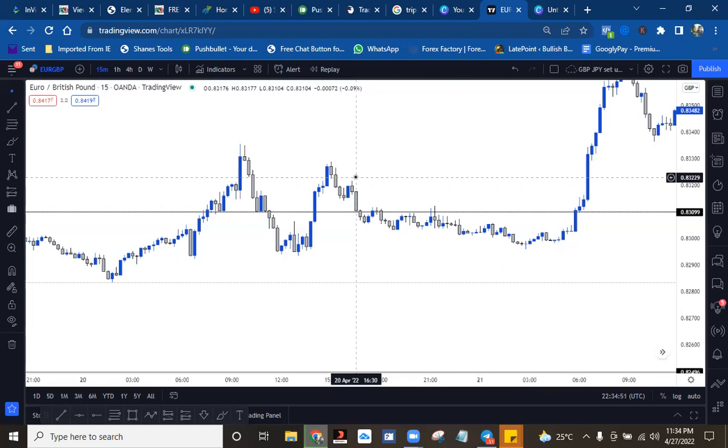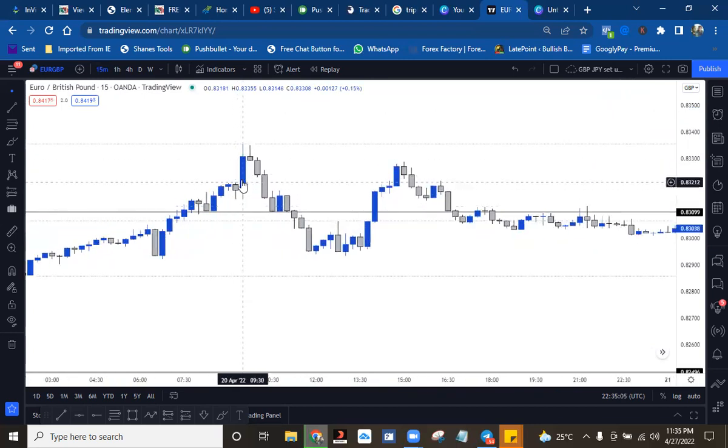Now, each candlestick you see on any time frame is formed according to that time frame. For instance, this is the 15-minute time frame. It means that this candlestick alone that you see here was formed within 15 minutes.